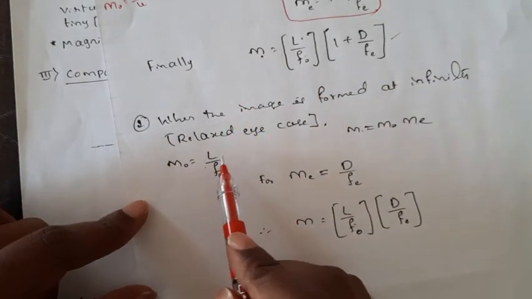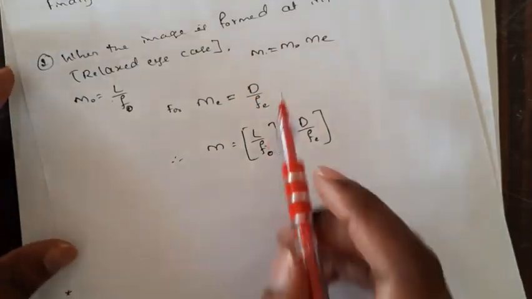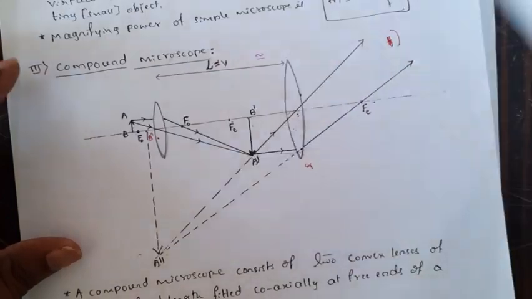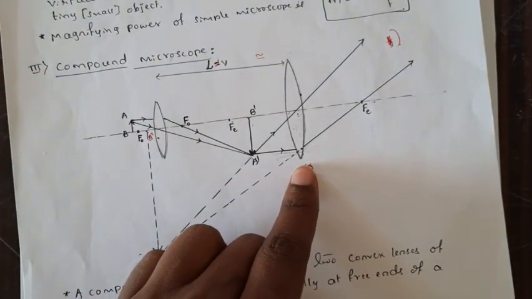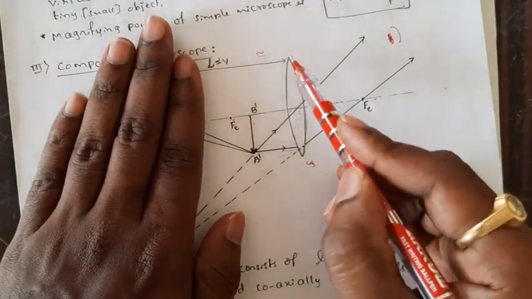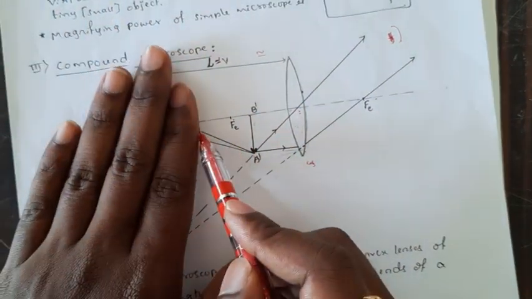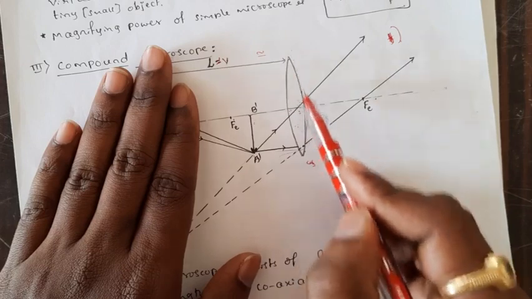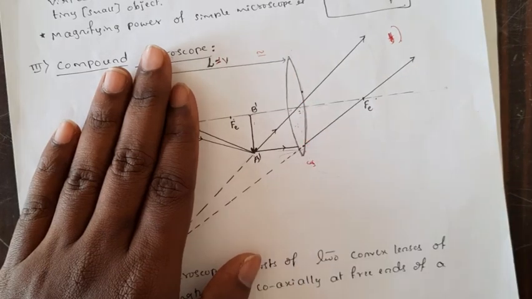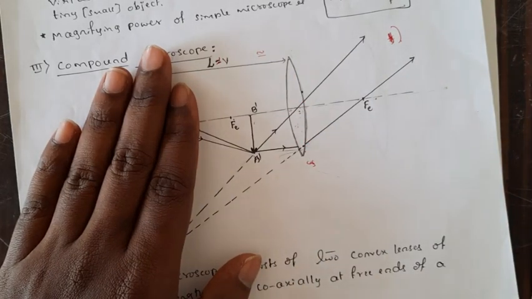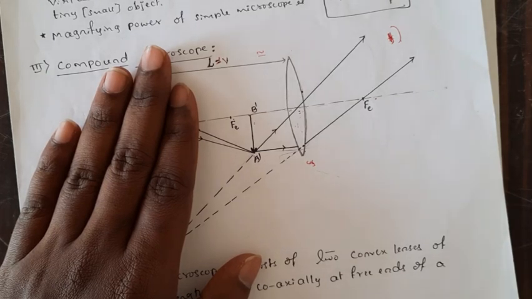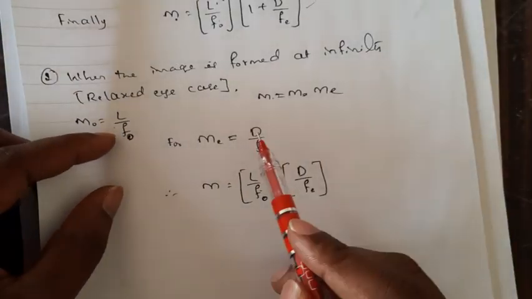L by f naught, I already explained why it is L by f naught. And next, about me, the magnification of this lens. Again I take this as a single lens, with this as the object. Again it acts like a simple microscope, and we know the magnification for a simple microscope in the relaxed eye condition is d by fe.